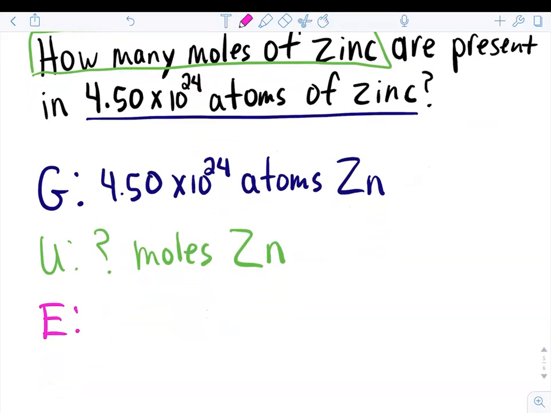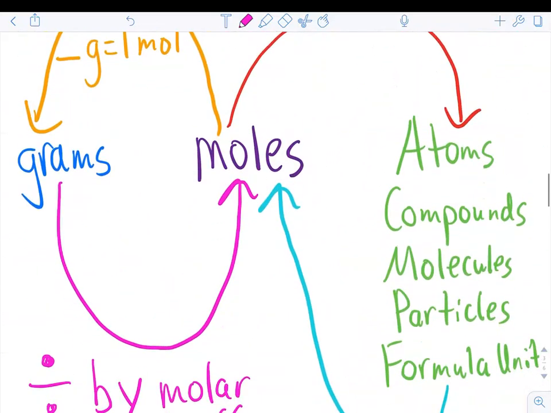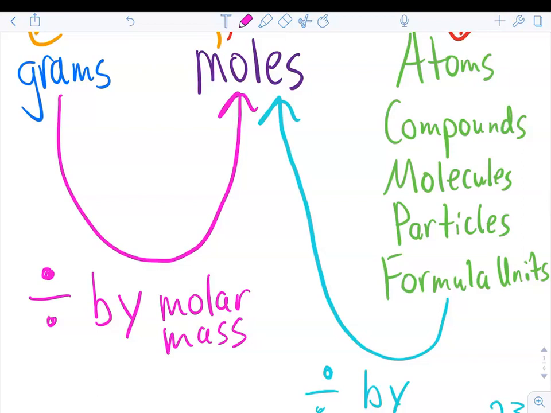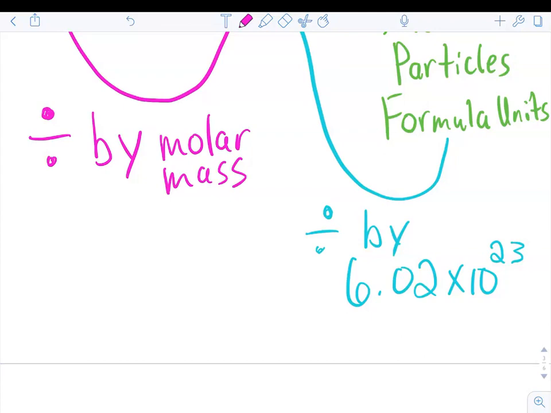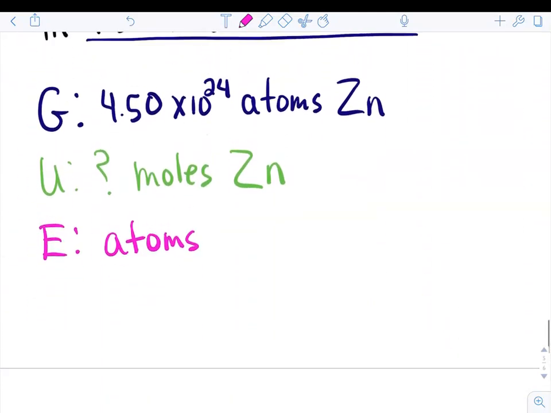So I'm going to go back to my chart because I know that I'm starting with atoms. If I start with atoms, then I'm going to follow my blue arrow to get to moles. And whenever I do that, I'm now going to divide by 6.02 times 10 raised to the 23rd.